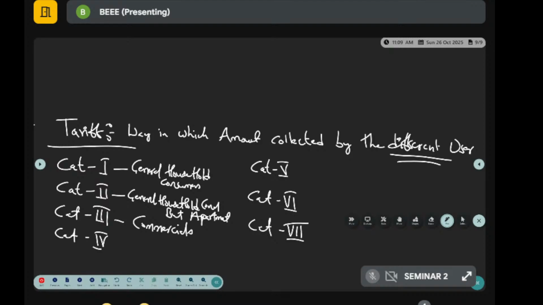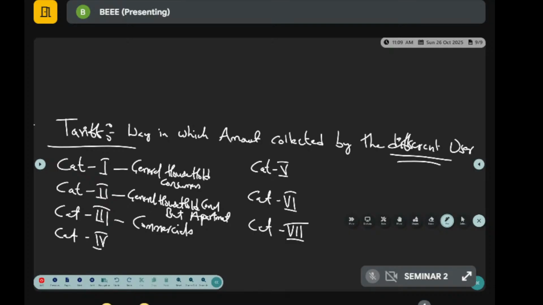For example, a commercial customer, a stationery shop owner, consumed 100 units per month; they will not charge 1.25 rupees, they will charge 2 rupees. So depending upon the consumers, the collection amount is divided.